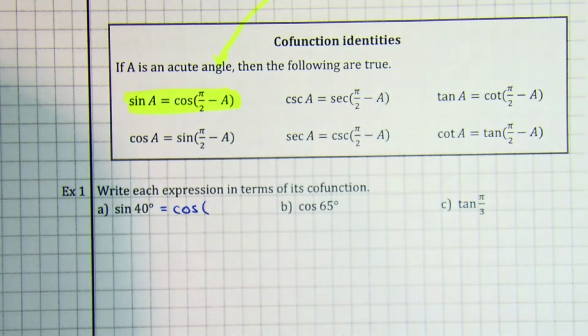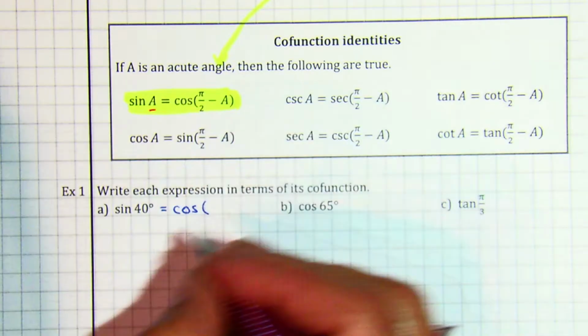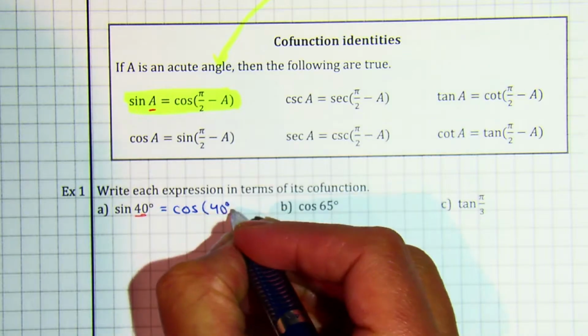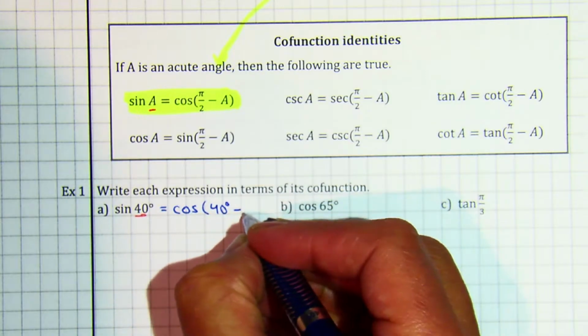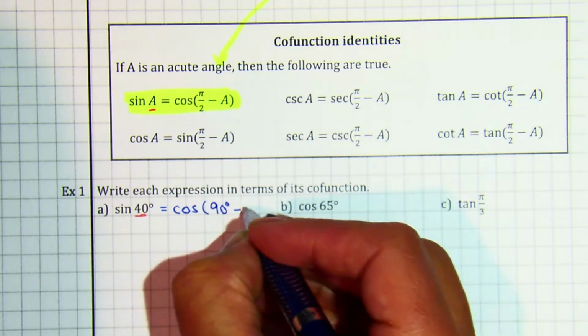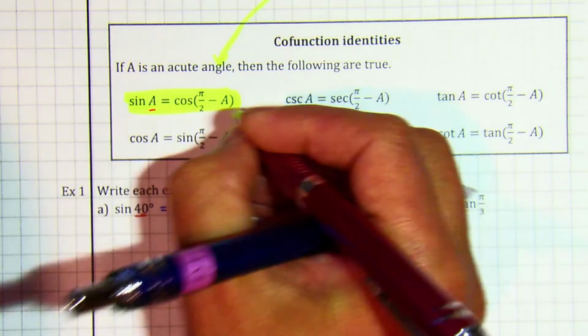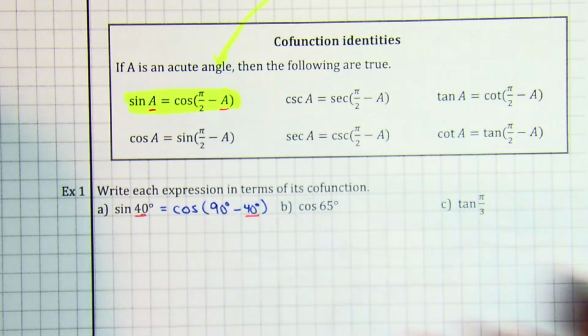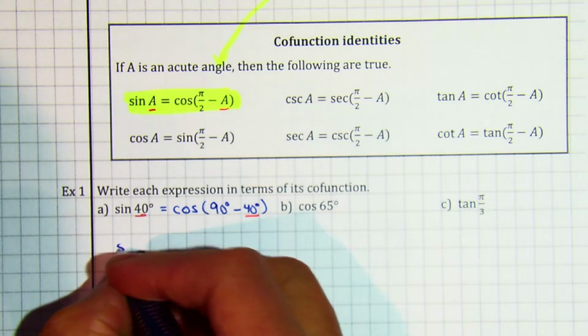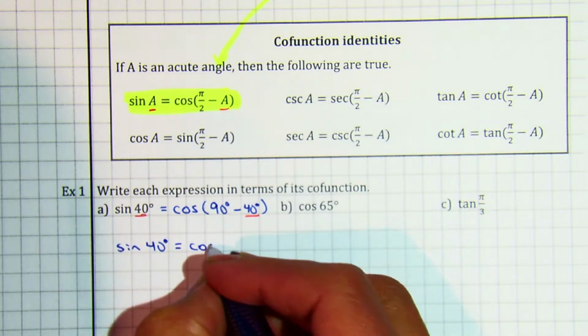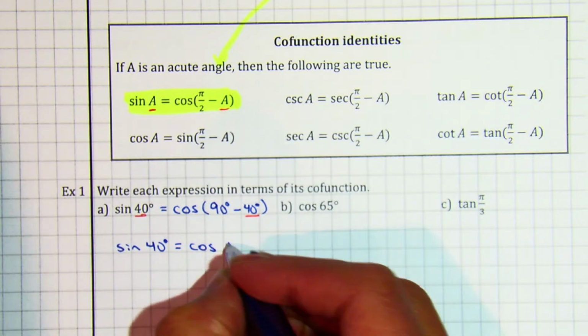So in this case, A is 40. So the cosine of 90 minus A, which is 90 minus 40 degrees. So I basically just substitute, but now I'm using degrees. So therefore, the sine of 40 degrees is equal to the cosine of 50 degrees.